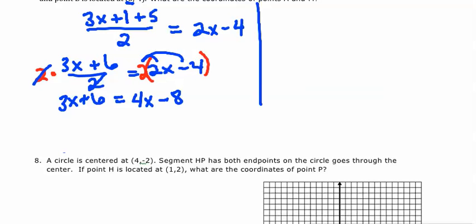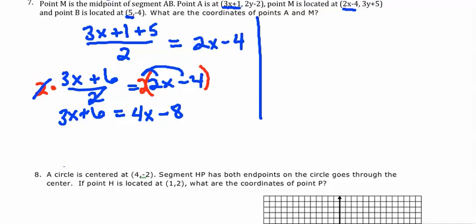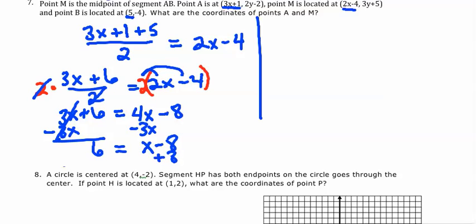Well, I like to bring the smaller x to the other side, so let's subtract 3x. Okay, those cancel. We've got 6 left here, x minus 8. And then to get that minus 8 to the other side, we need to add 8. So x equals 6 plus 8 gives us 14.